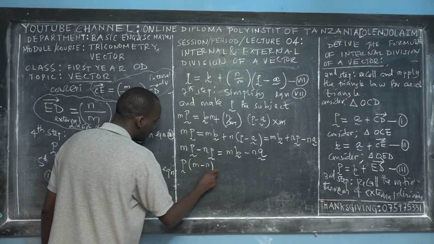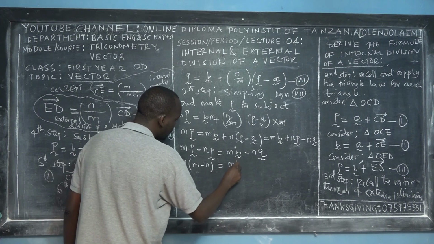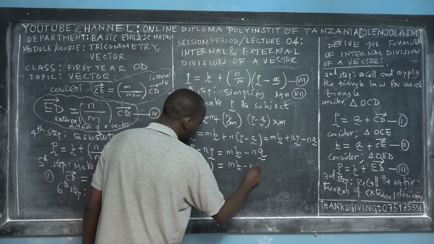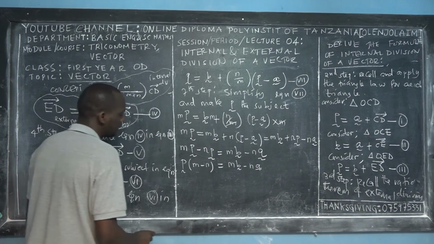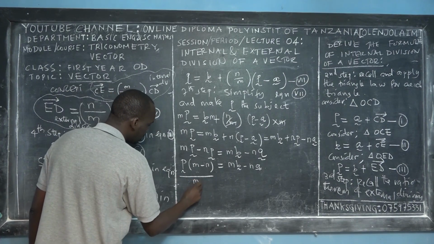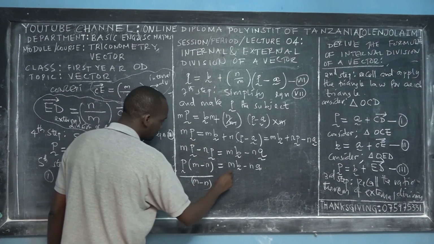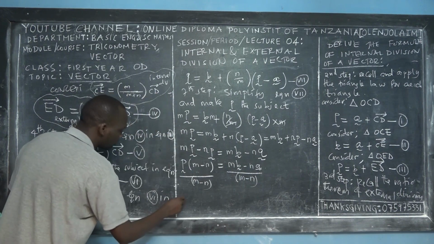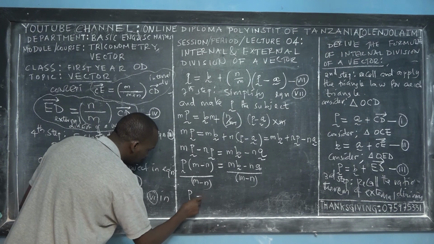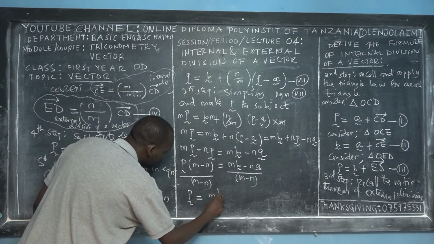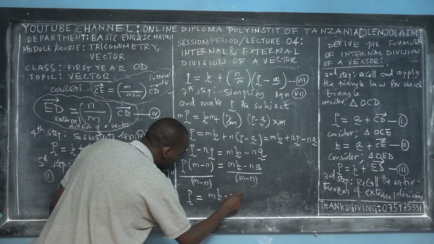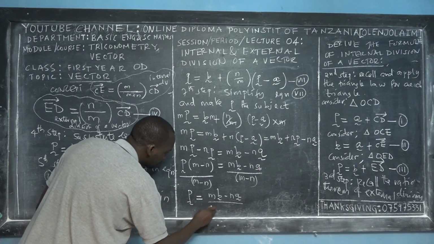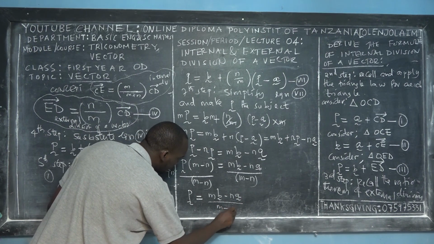M minus N, right? So we say that we have positional vector P is equal to M B minus N A over M minus N.